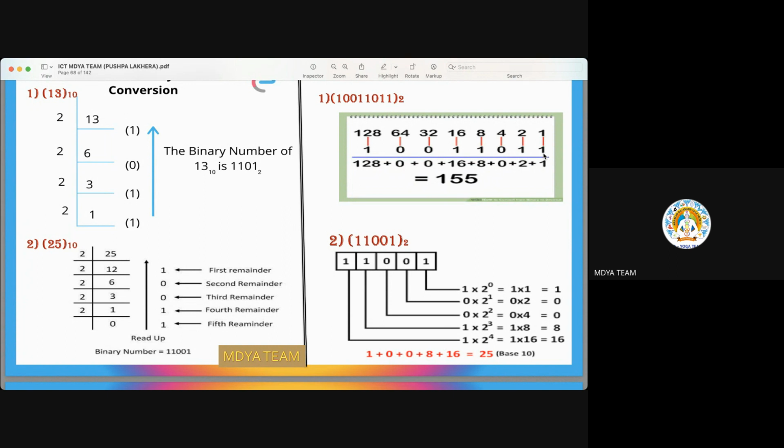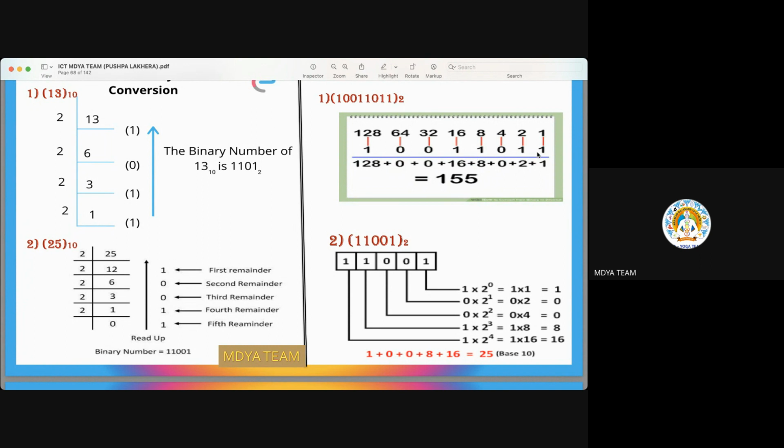You have to multiply this with the powers of 2, because the base is 2. This is a binary number. So 2 raised to 0, 2 raised to 1, 2 raised to 2, 2 raised to 3, 2 raised to 4, and so on. You have to multiply these digits and then add them.